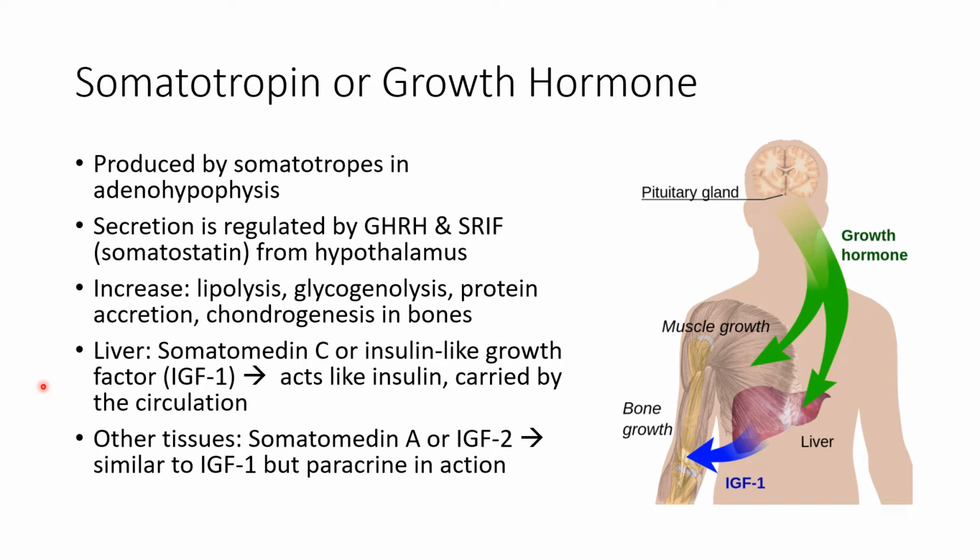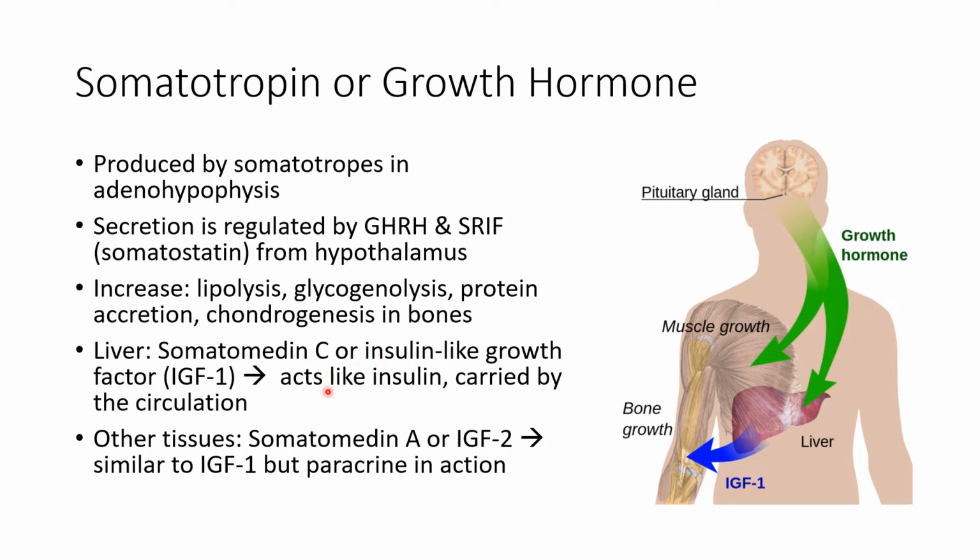In the liver, it actually stimulates the release of somatomedins, your somatomedin C and somatomedin A. Primarily, what is more important is your somatomedin C, which is also known as your insulin-like growth factor 1. So it acts like insulin.